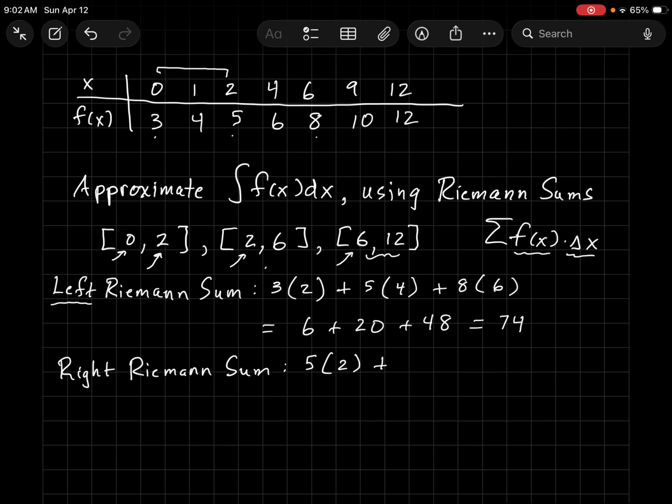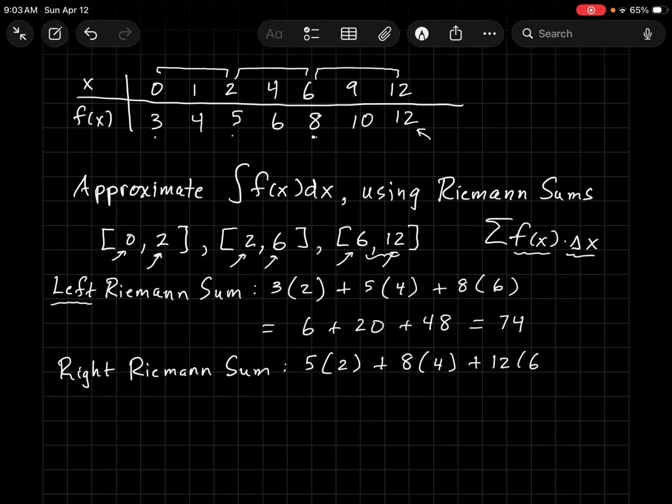Next subinterval, we look at the right side again. So the right side is x equals 6, and f of x equals 8. So the height is 8, and the base, delta x, is 4. Do it again. Right side of the subinterval is x equals 12, which gives us y equals 12 as well, times what?